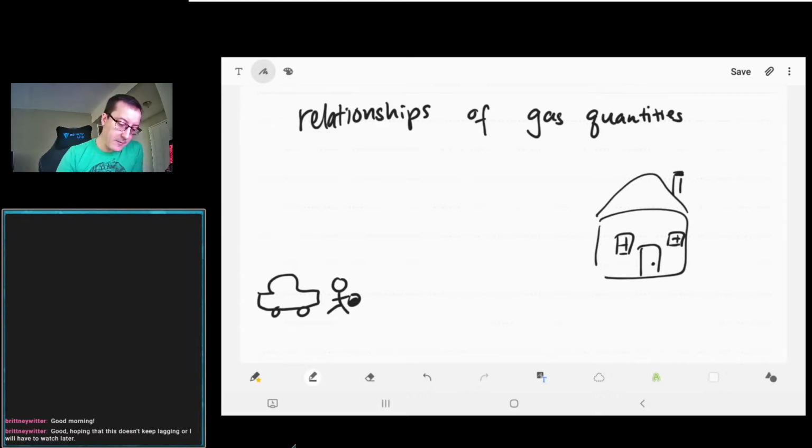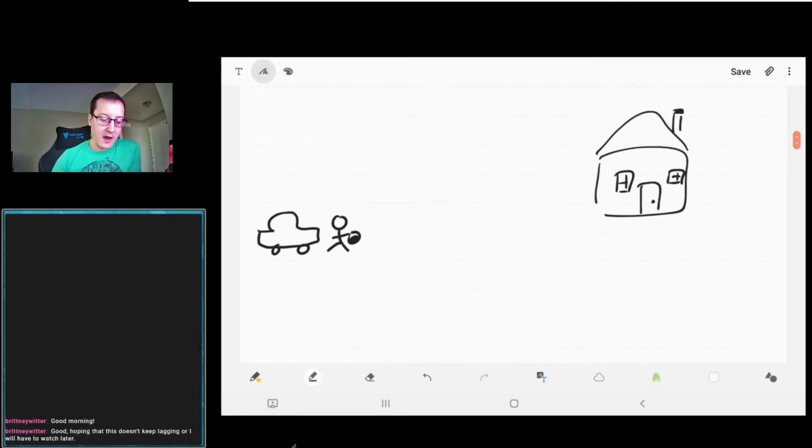Alrighty, so I am going to try and get these groceries into my kitchen. And to do that, I'm going to walk into the house and drop off the groceries.